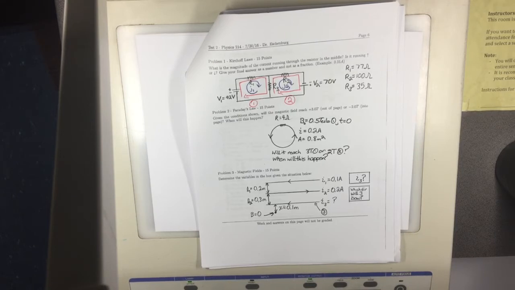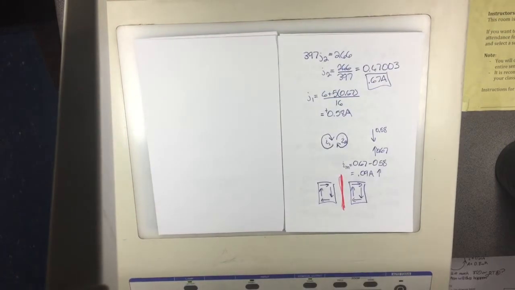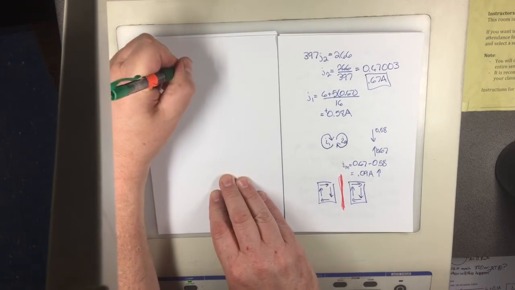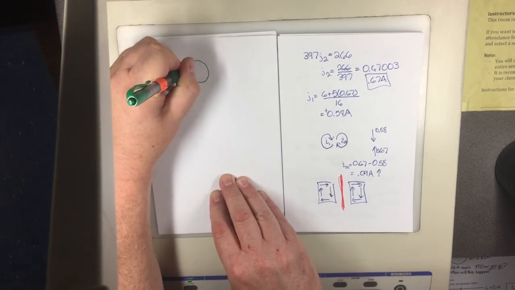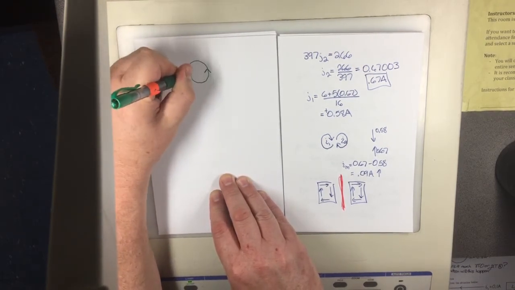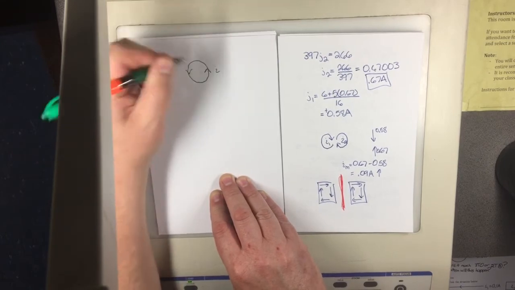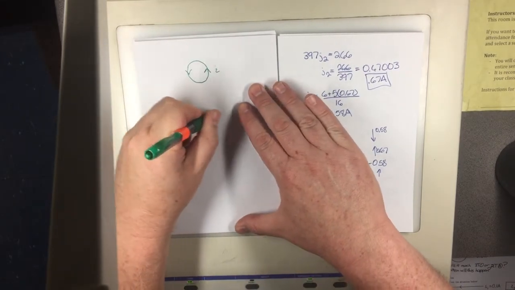And I want to know the time at which it achieves that goal. The current is going counterclockwise. In fact, I'm going to draw it bigger initially.